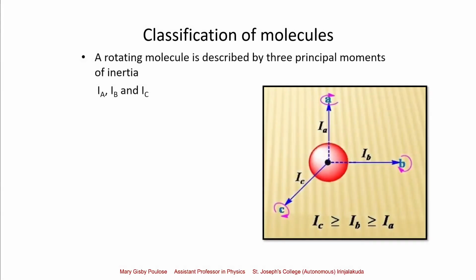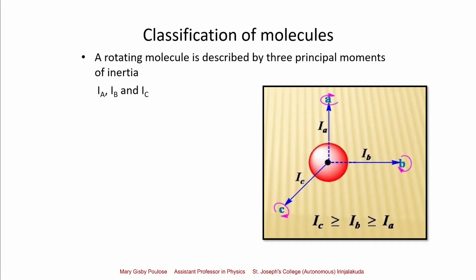Now, let us classify molecules based on their nature of rotation. A rotating molecule is described by three principal moments of inertia: IA, IB, and IC. Here in the picture we can see a molecule, and that molecule has rotation axes along three directions.